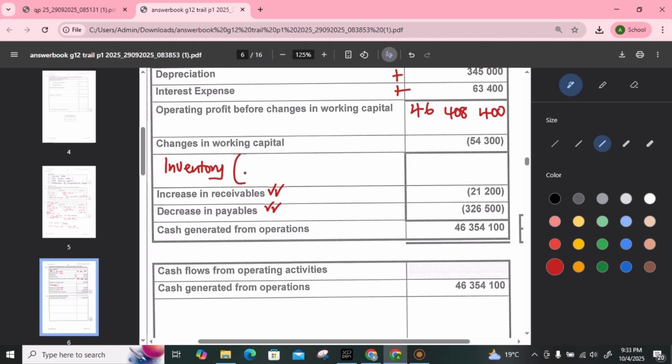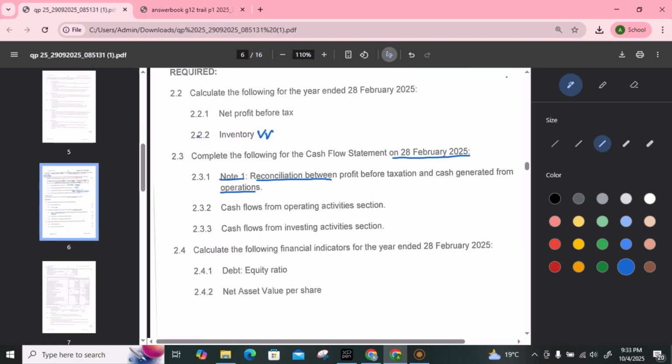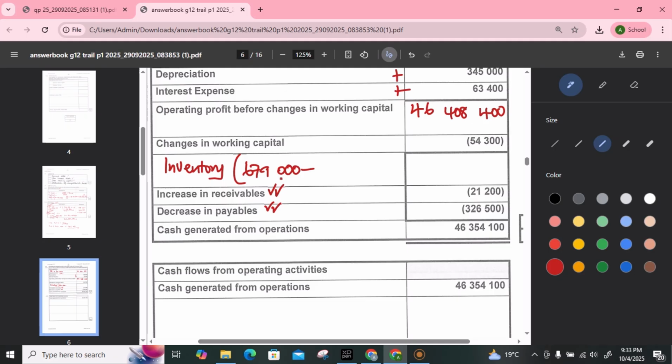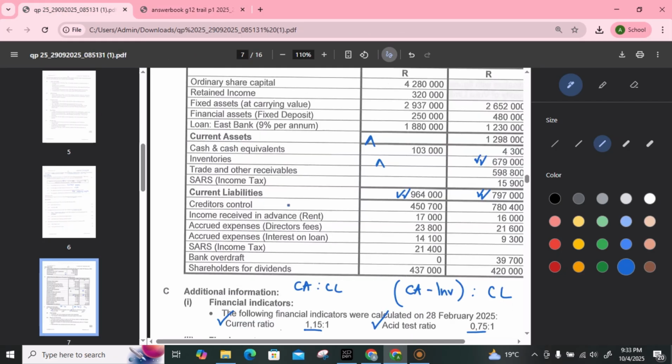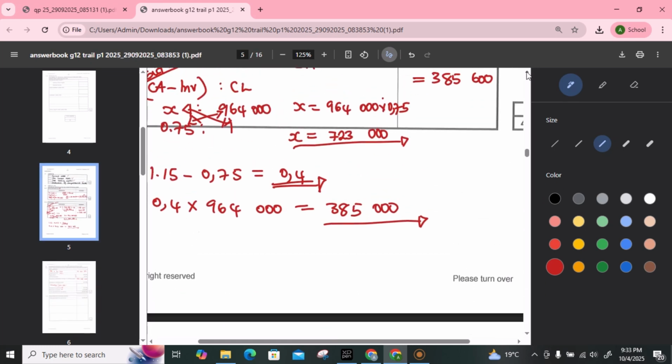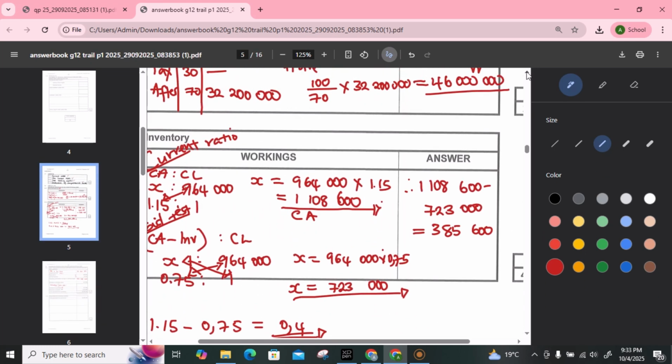Alright, on your changes in inventory, you need inventory at the beginning of the year, and that will be 679,000 minus CD, and now the CD was not given if you look here, but we can recall that somewhere on the questions above the examiner asked us to calculate the value of inventory, and our answer is 385,000.